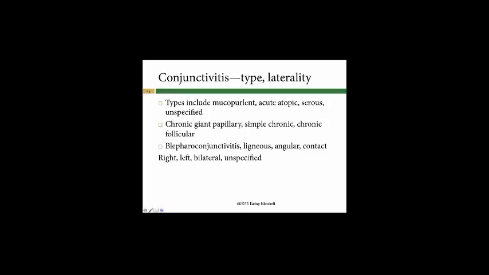I have acute atopic, acute toxic. So the type of conjunctivitis gets much more specific. And then, of course, you have left, right, and bilateral. Is it serous? Is it unspecified, which we're going to try not to use? And then we have chronic conjunctivitis in the H10.4 subcategory of code.